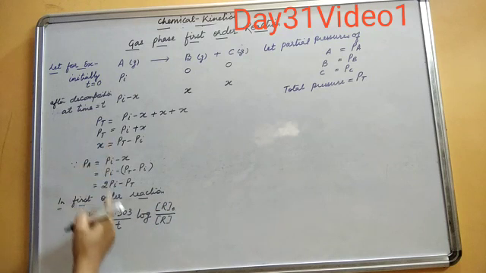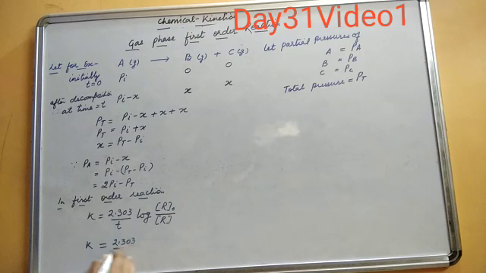According to this reaction, we can change it for the gas phase reaction where pressures are taken: 2.303 upon t log, initial pressure Pi upon the pressure at time t.